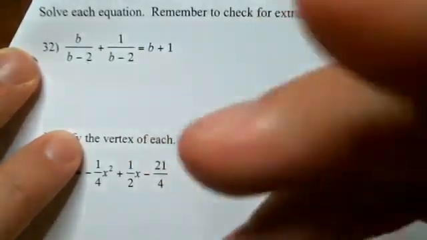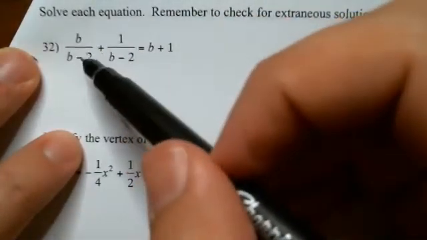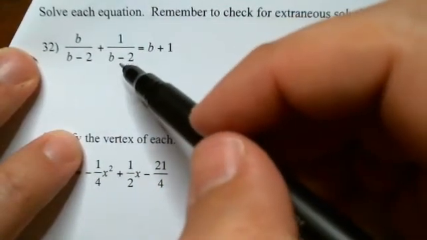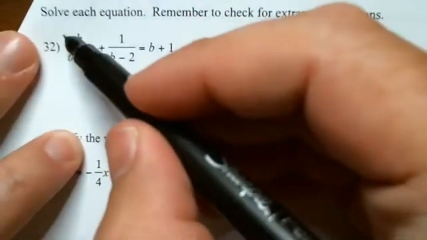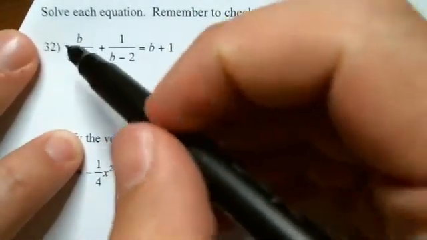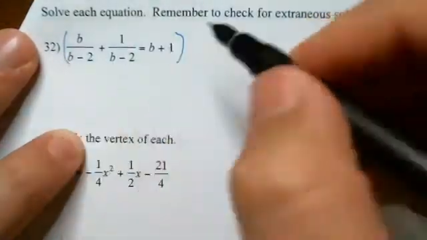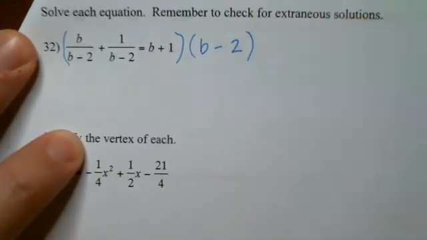We want to get rid of them, correct? So how do you get rid of denominators with any equation? Multiply by the what? Denominator. Yeah, multiply by the least common denominator. So what is the least common denominator for all of these right here? B minus 2.